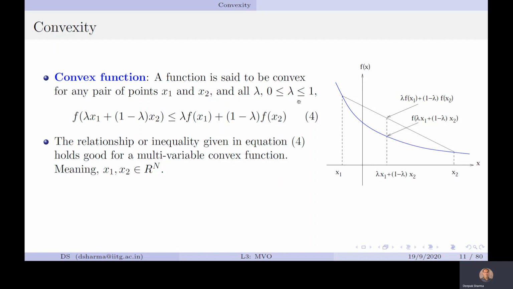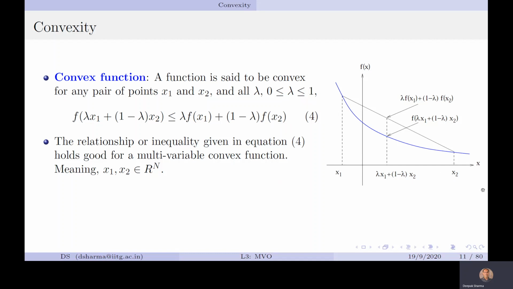This is important, you should remember that lambda lies between 0 and 1, and x1 and x2 are any two points. We are not making any relation between them. So if we write the function value at lambda x1 plus 1 minus lambda x2, it is smaller than or equal to lambda times the function value at x1 plus 1 minus lambda times the function value at x2.